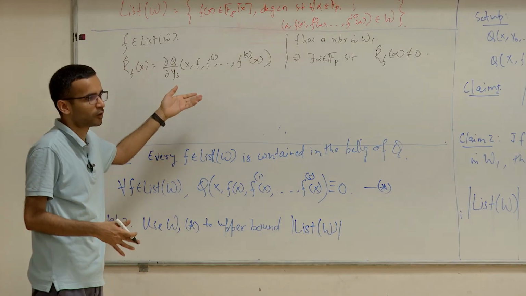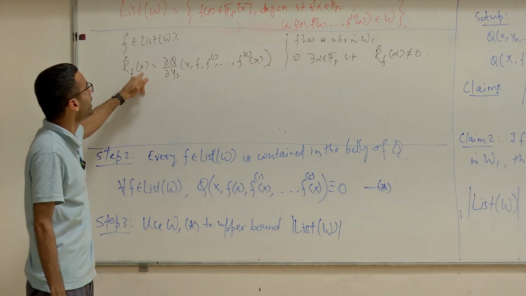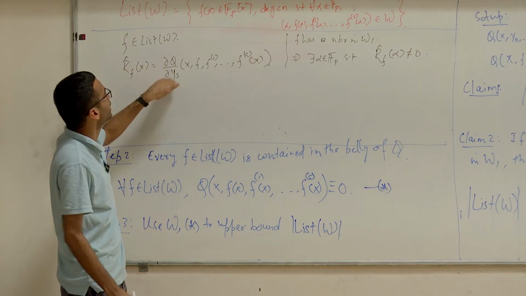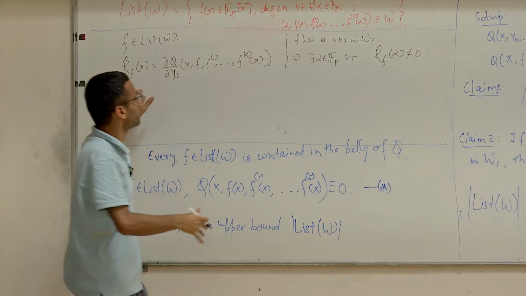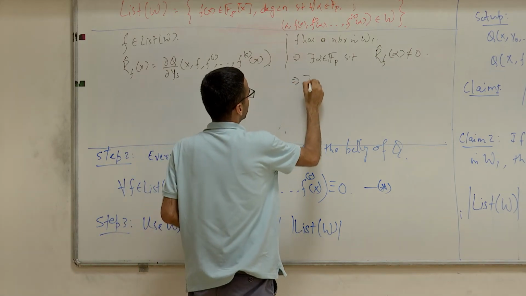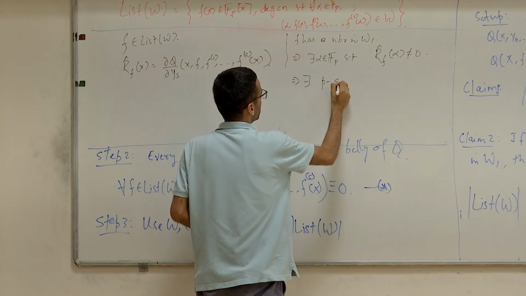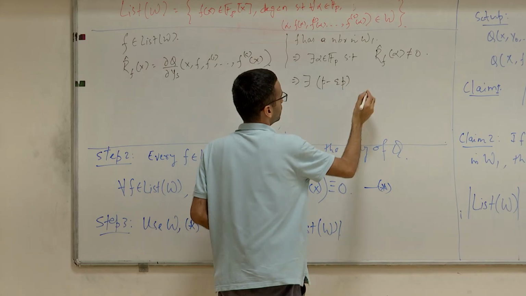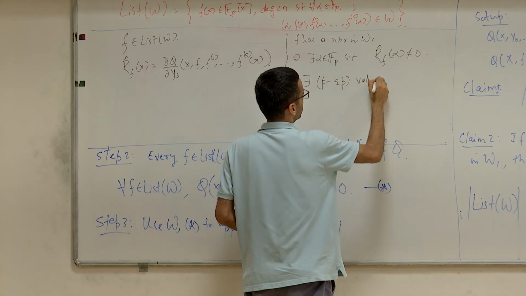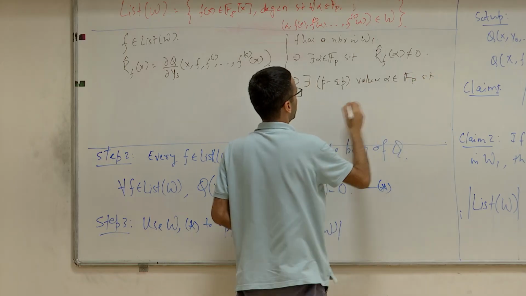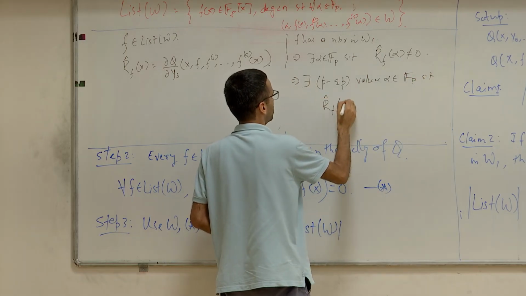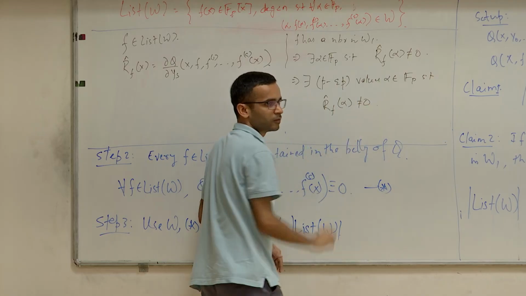As a polynomial, it's non-zero. Moreover, its degree is no more than the degree of Rf that we had constructed earlier, which was epsilon p, which means that there exist p minus epsilon p values alpha in Fp such that Rf hat of alpha is non-zero.